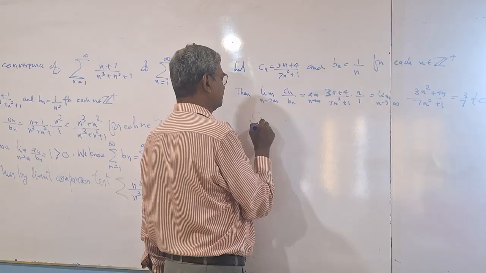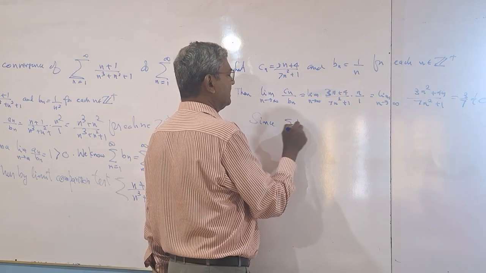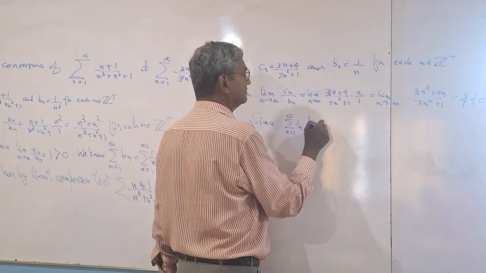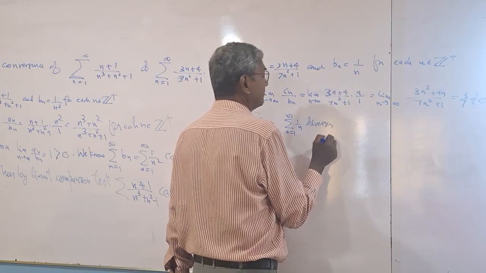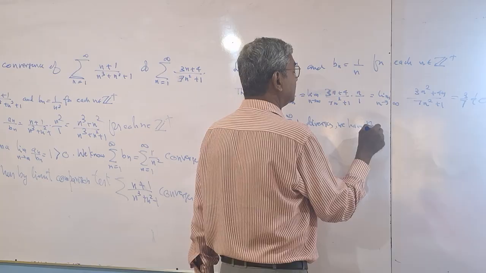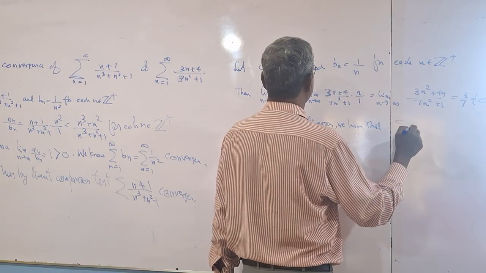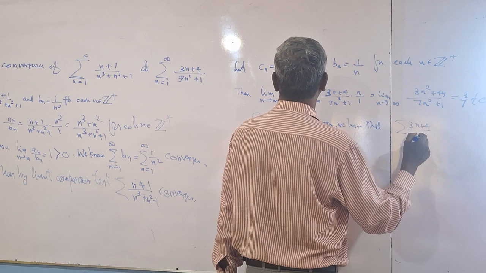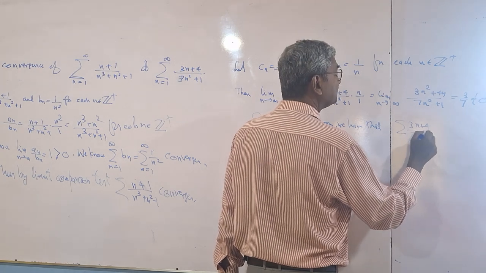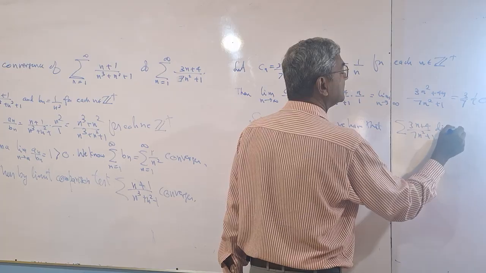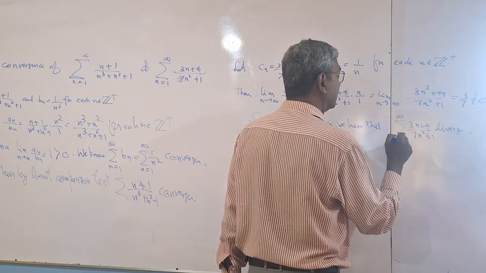Since sigma 1 over n diverges, we have that sigma 3n plus 4 divided by 7n square plus 1 also diverges.